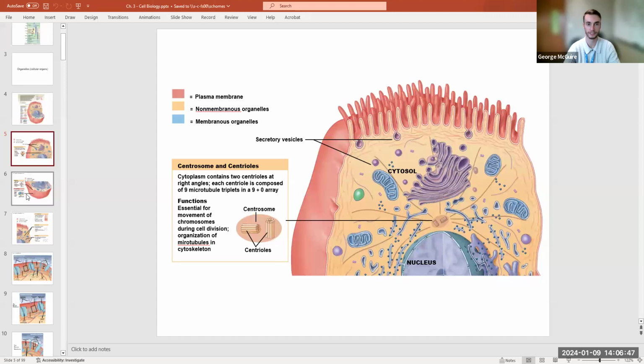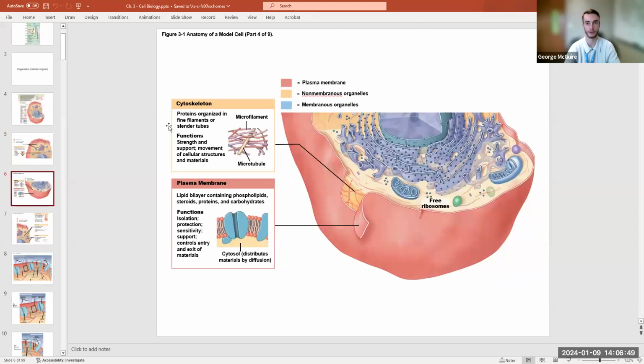We're going to come back to centrosomes and centrioles. It's just kind of breaking apart that larger image. So throughout our cells, like I said, we have the plasma membrane completely surrounding it. This is mainly made up of lipids, those phospholipids, in a bilayer formation with proteins and carbohydrates attached to it.